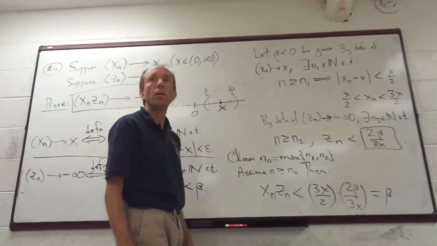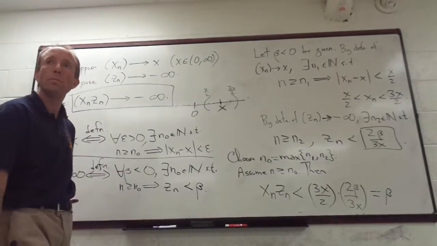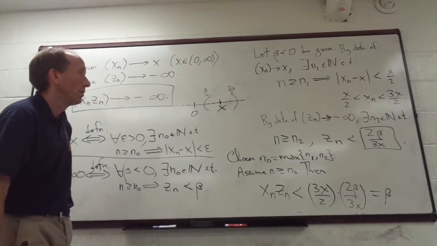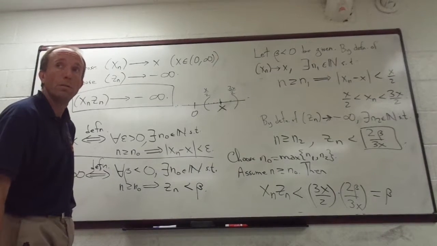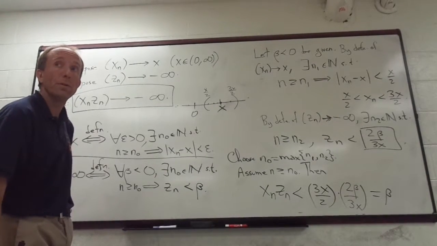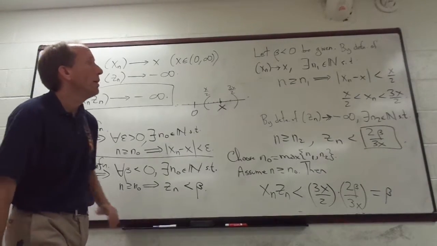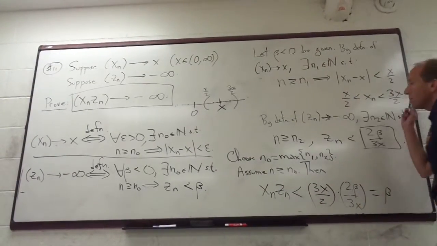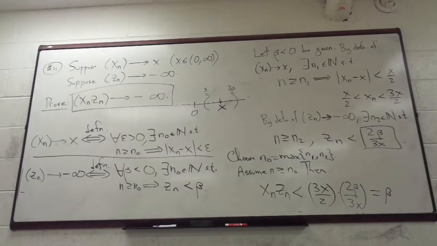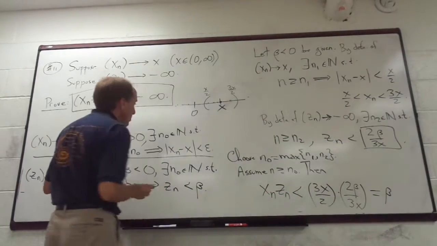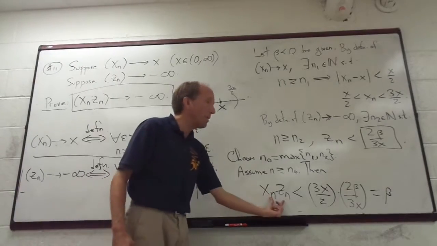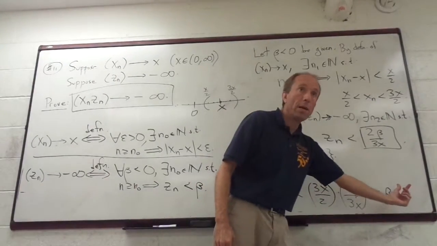Do we have to pick the biggest one? Well, the max of n1 and n2, definitely. Which one do you pick? That's the whole issue I'm trying to address. We have to pick the bigger one, right? You just need to make sure that the product of these comes out less than beta.